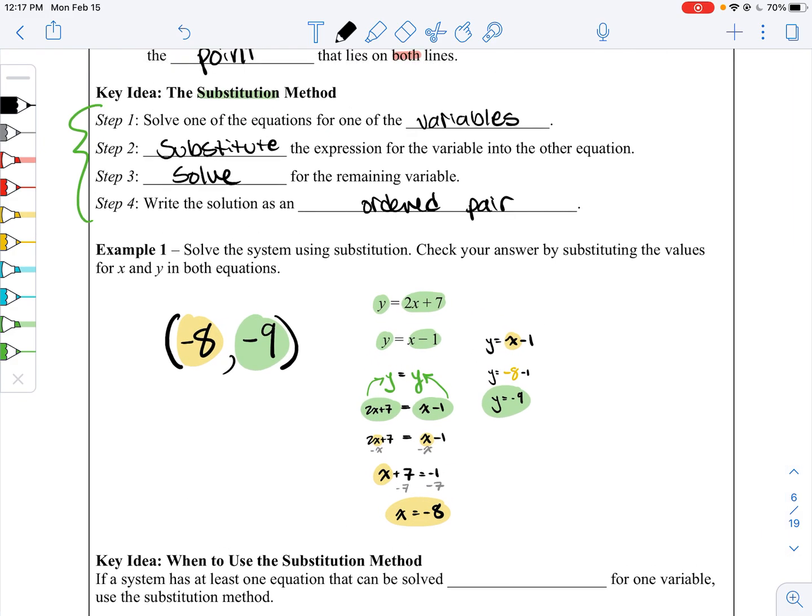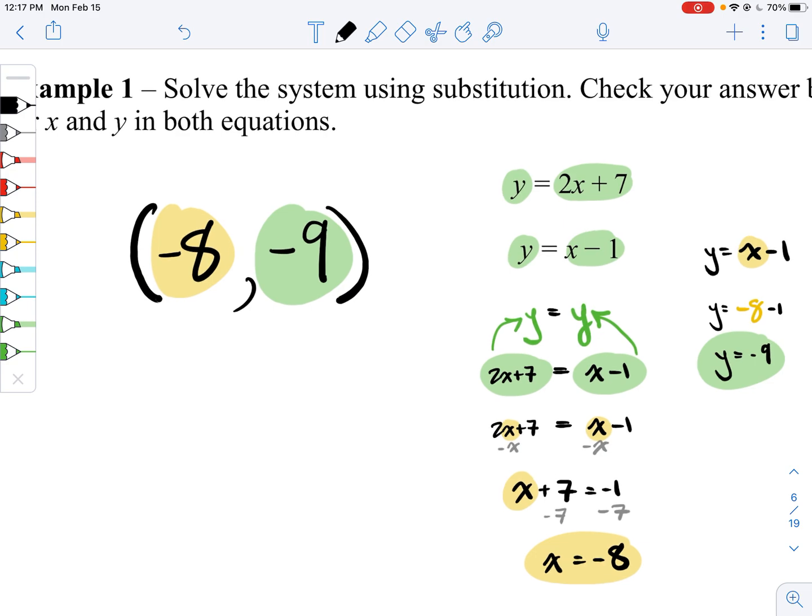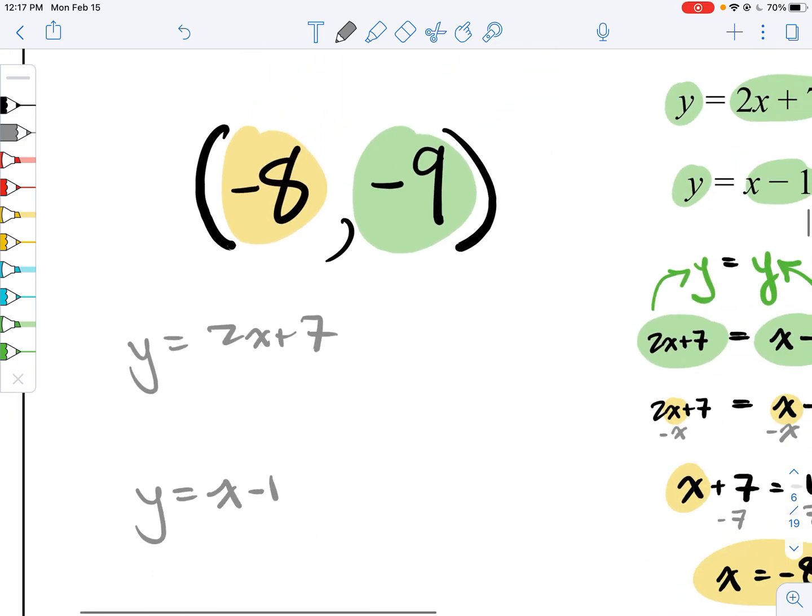We check our answer by plugging it into both equations. For our first equation, we had y equals 2x plus 7, and our second one, we had y equals x minus 1. So we plug the values from our point in for our variables.